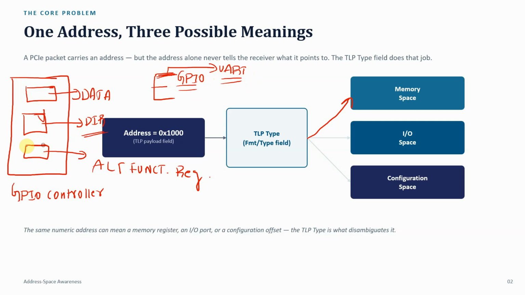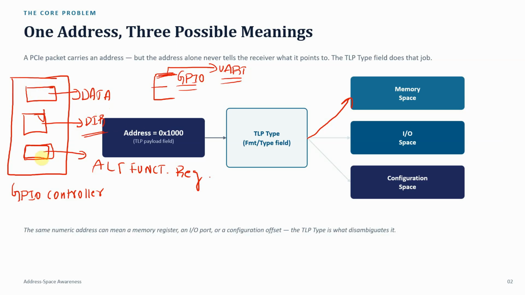It is going to update this particular register. So the processor or the OS is not going to directly access the physical pins, but it is going to access the internal registers present inside the controller. Not only a GPIO controller, think about any PCIe compliant device or any real-time IP: if you want to configure anything, you are going to have a set of internal registers. This is what we normally have.